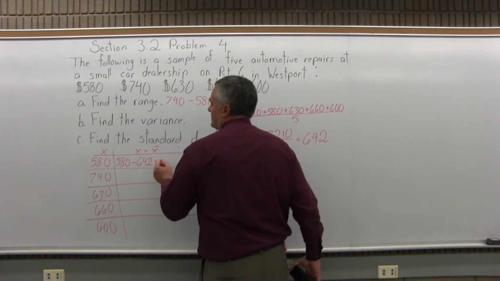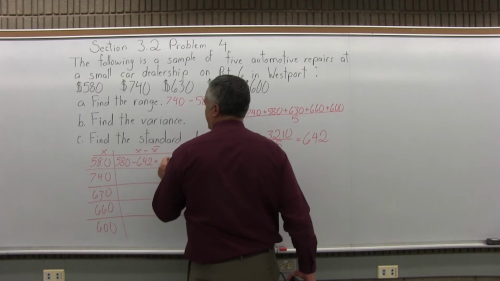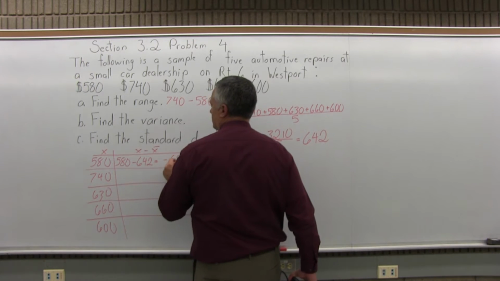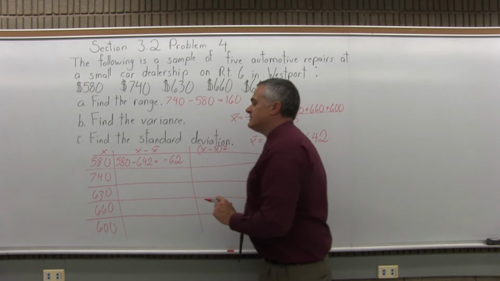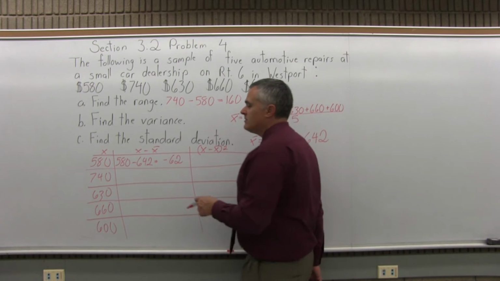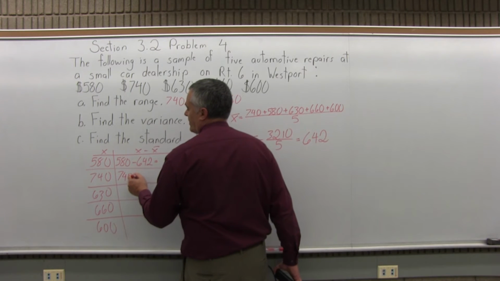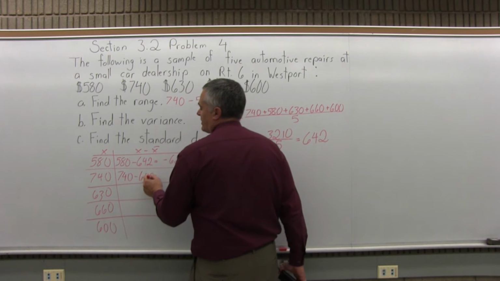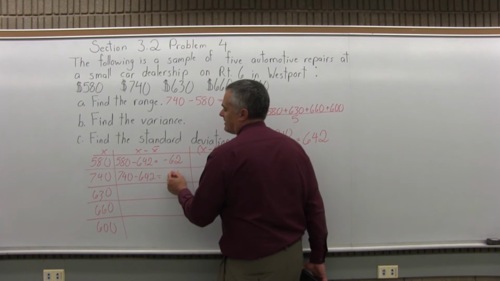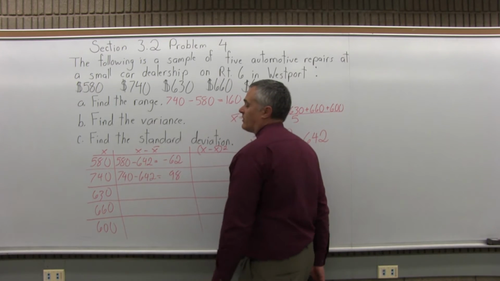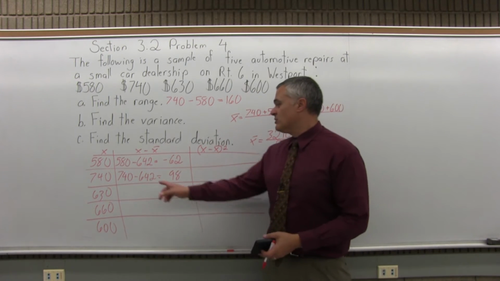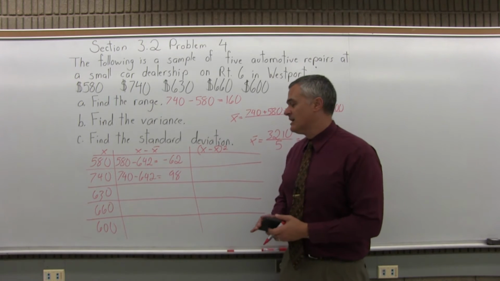So 580 minus 642 is negative 62. So now the next row down, x is 740, so x minus x bar will be 740 minus 642. I can see that's 98. 740 minus 640 would be 100 even, and you're 2 away from that 100, it's 98.